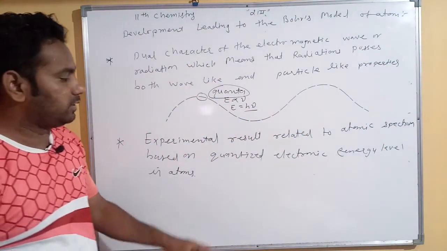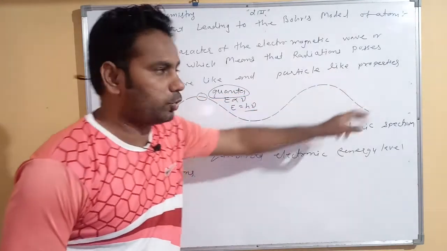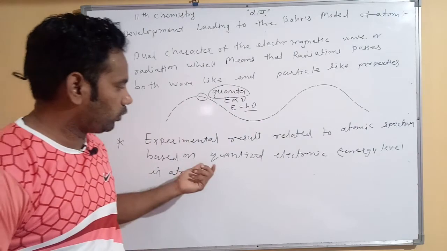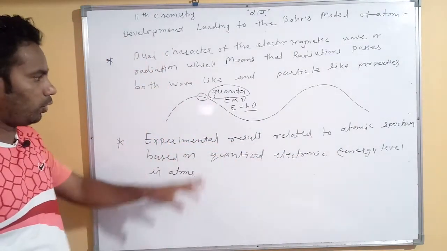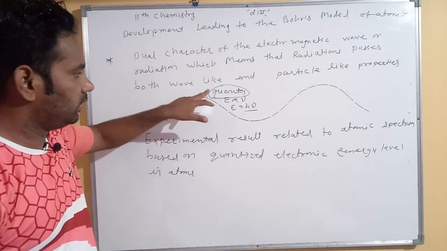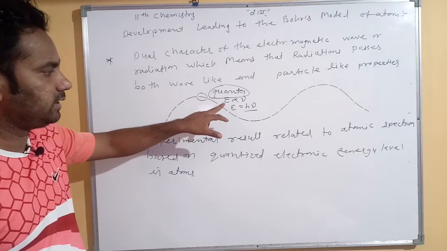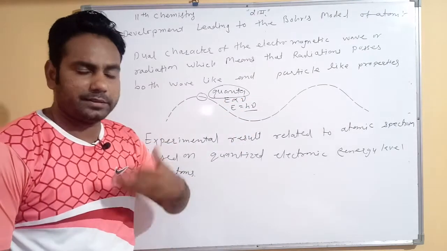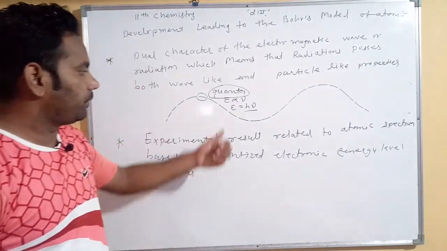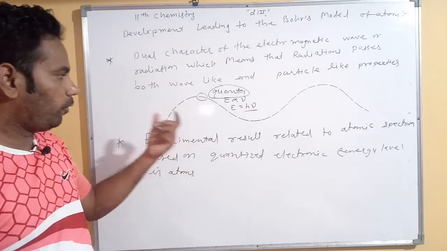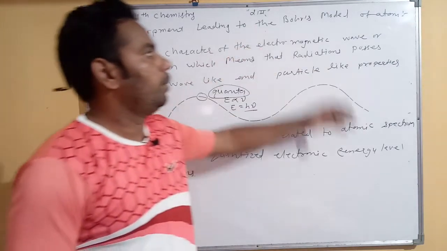Based on quantized energy, we already know the particle property of light is called quanta. This property is called quantized electronic energy levels in atoms. The smallest amount of wave is called a quantum, and its energy is directly proportional to frequency: E equals h mu, called a photon. We will discuss h and mu later.